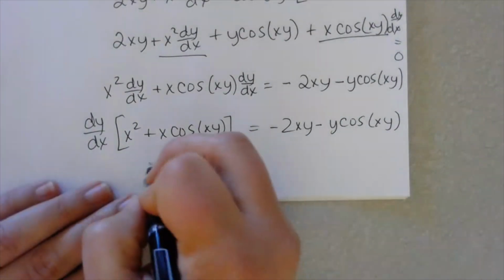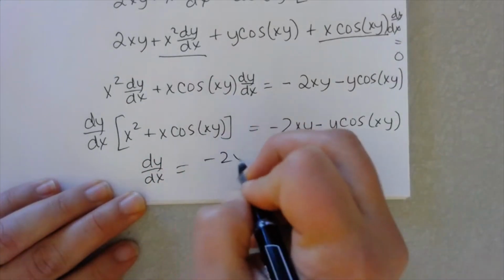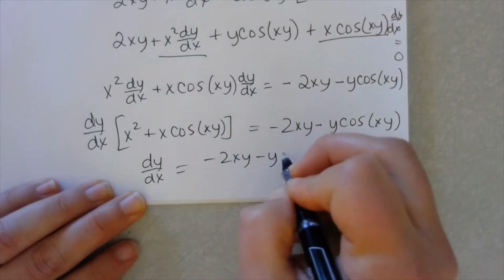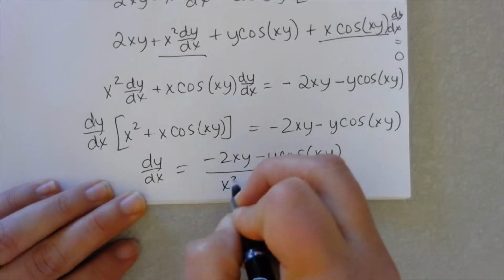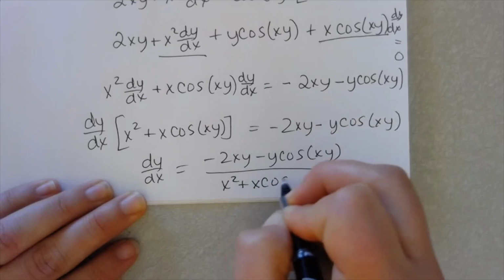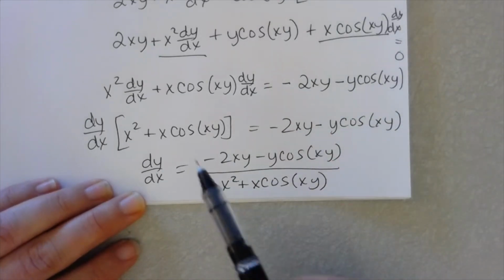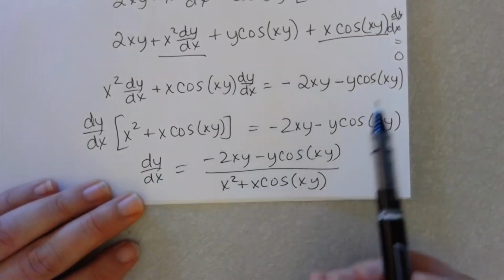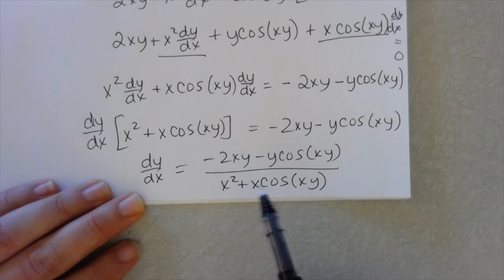So my dy dx then will be this numerator, minus 2xy minus y cosine of xy, all over x squared plus x cosine of xy. Okay. Now an equivalent derivative, if I moved everything to the opposite side, this would be plus, and both of these would be minus. So if every sign is different than what you get, then it's an equivalent answer.